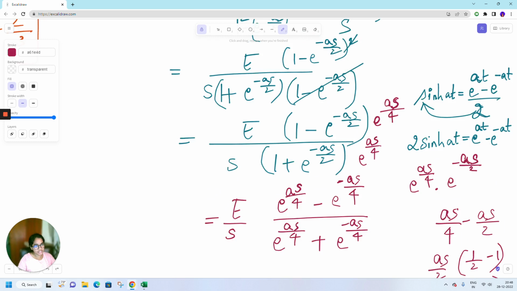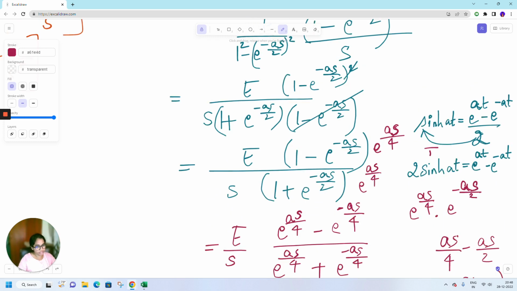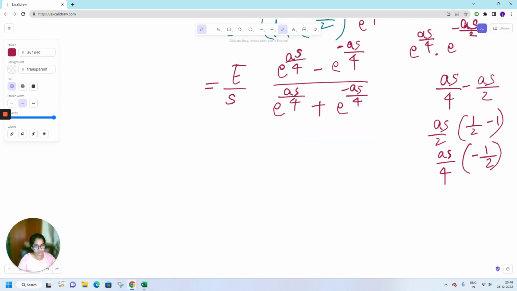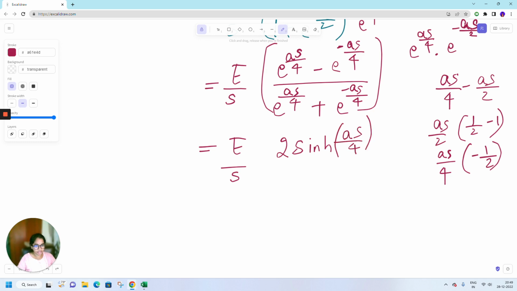So as you can see, using this formula, in the numerator I can substitute e divided by s, 2 sine hyperbolic s by 4, divided by 2 cos hyperbolic s by 4. 2 and 2 get cancelled.